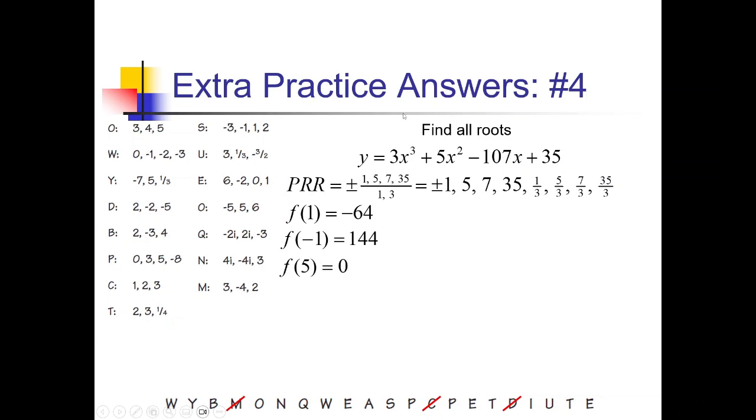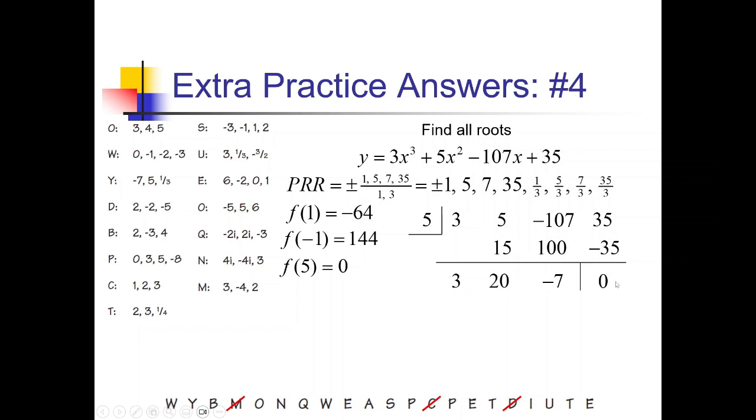So we've got coefficients of 3, 5, negative 107, and 35, plugging in a box number of 5. So we bring down our 3 this time, times 5 is 15, plus 5 is 20, times 5 is 100, plus negative 107 is negative 7, times 5 is negative 35, and that zeroes out.